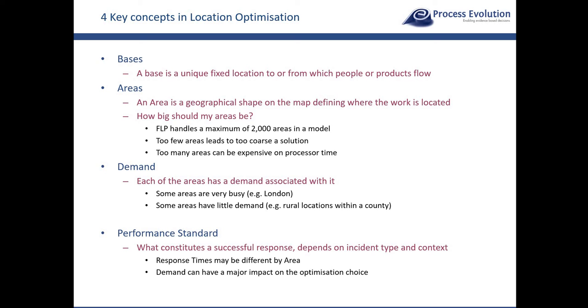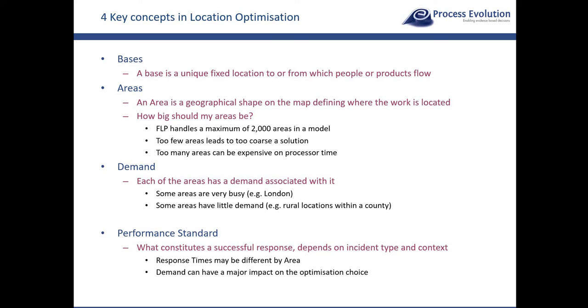Performance standard. So one of the questions that always comes up is what question are we trying to answer? So what constitutes a successful response? Does it depend on the incident type? So are we looking at the time taken to get to primary fires, house fires, life risk incidents, or in policing grade 1 and grade 2 emergency incidents? But actually that might be different depending on the context of the question.